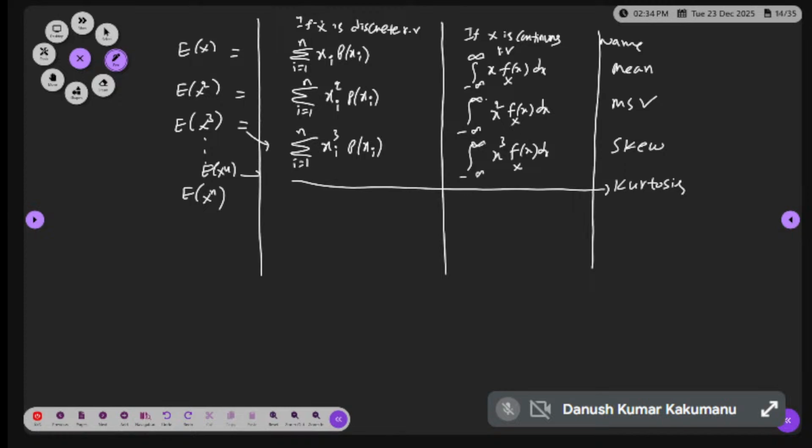Tell me what is the E of x power of n formula? Summation xi power of n, P of xi. If it is a continuous random variable, what is the formula? Minus infinity to infinity, x power of n f of x dx.